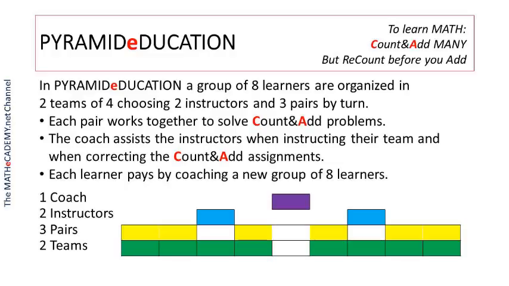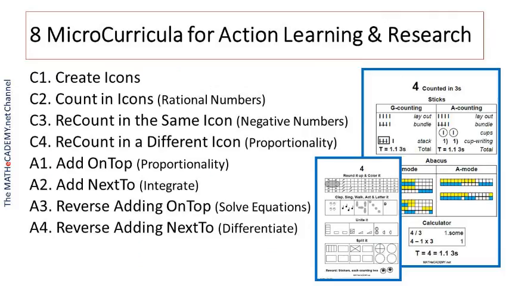Each learner pays by coaching a new group of 8 learners. Alternatively, teachers can try out 8 micro-curricula designed for carrying out action learning or action research in recounting and on top and next to addition.